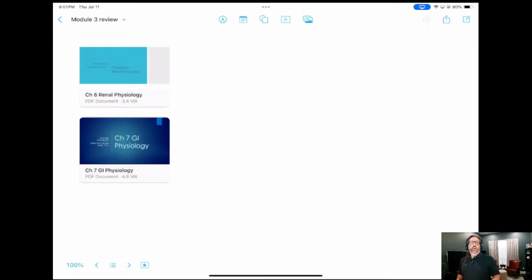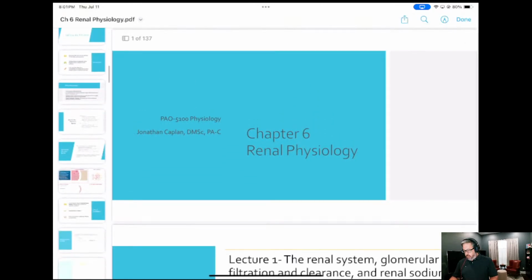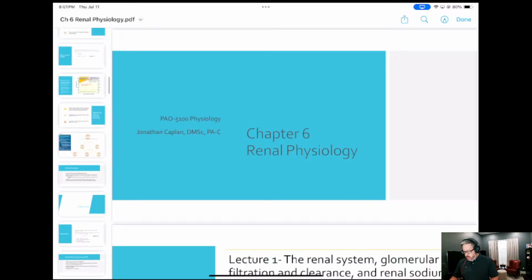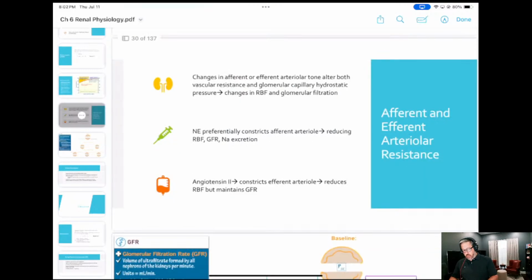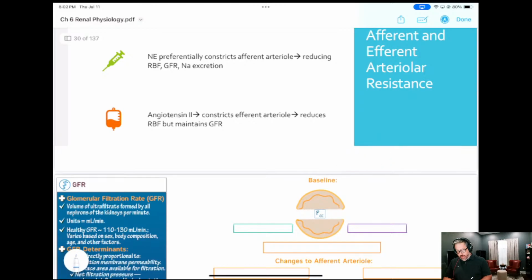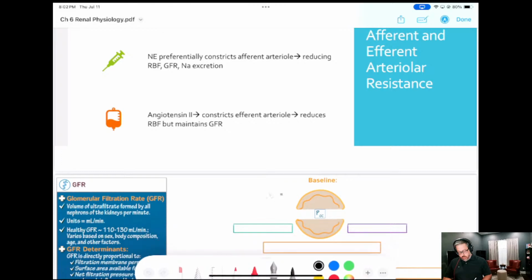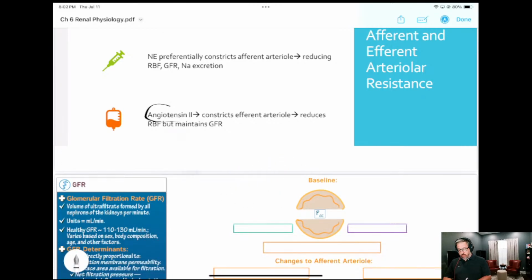Okay, so the question is: does angiotensin 2 maintain GFR? So let's go to this one here. We're talking about angiotensin 2, which constricts the efferent side of the arterioles.